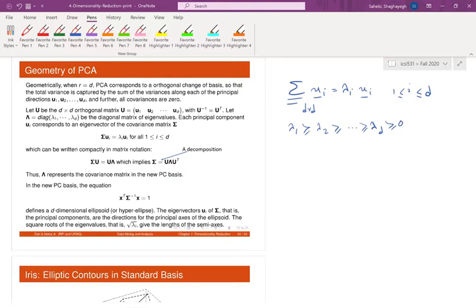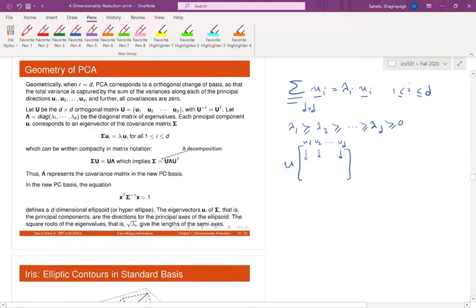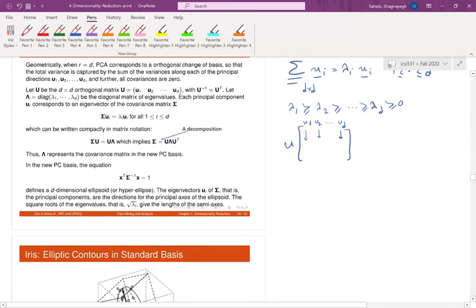So if we put together all these different eigenvectors and build a matrix U like this, with u1, u2, etc., until ud, then it's a d by d matrix, right?